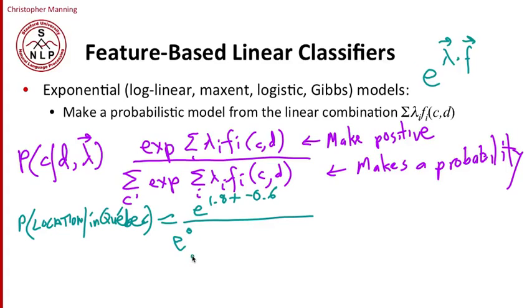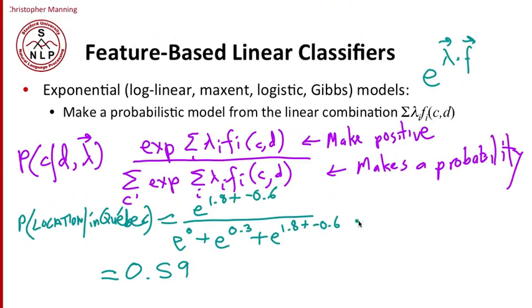So one class had no features matching, the second class had the single vote of 0.3, and then here's the one for location, which is e to the 1.8 plus minus 0.6. And you can work that out on your calculator, and it comes out to be equal to about 0.59.